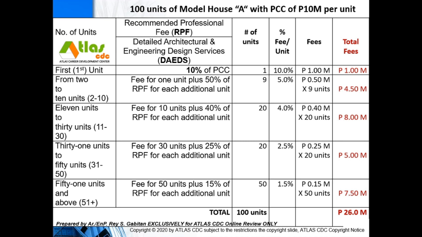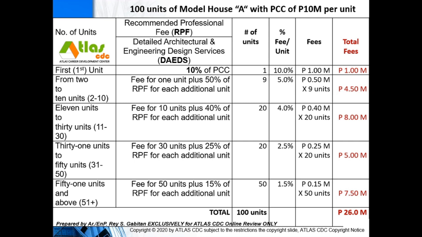So there will be 100 units to be constructed. For the first unit, the recommended fee is 10%. So let's say that you use 10%. 10% of 10 million, your fee is 1 million. So the fee for the first unit is 1 million.